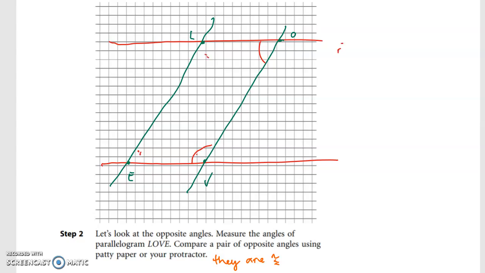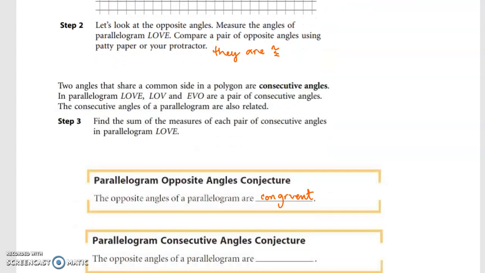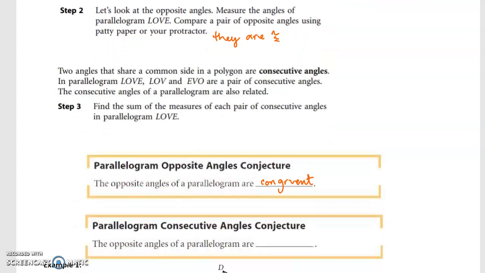So you're going to add the measure of angle L and the measure of angle O, the measure of angle O and the measure of angle V, the measure of angle V and the measure of angle E, and the measure of angle E with the measure of angle L. If you look at all those different sums, you should get our beautiful magic number, 180 degrees.